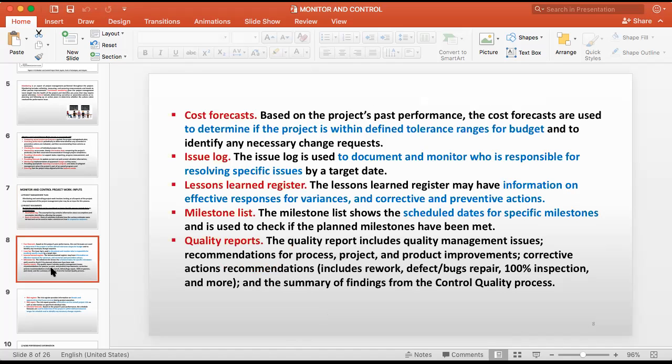Then your cost forecast. Based on the project's past performance, the cost forecasts are used to determine if the project is within the defined tolerance range for budget and to identify any necessary changes. Now this is based on past project performance. If you have done many similar projects, you can forecast the cost.